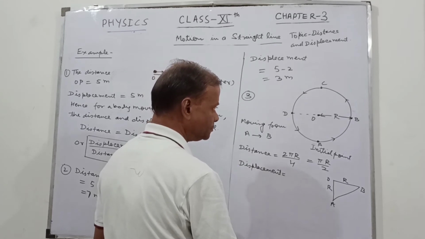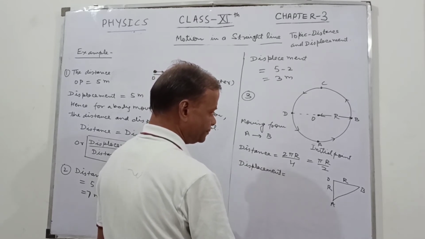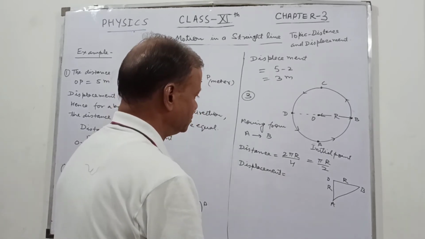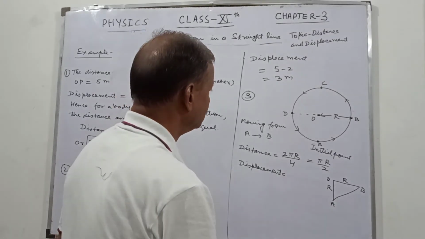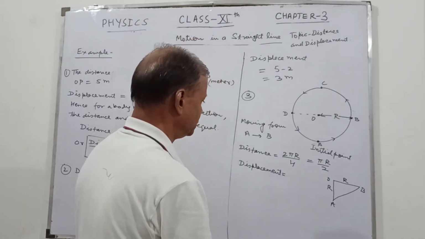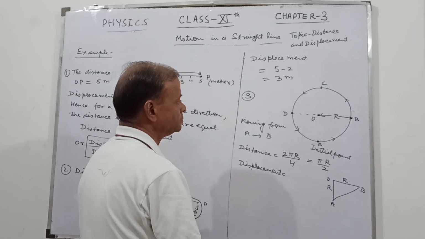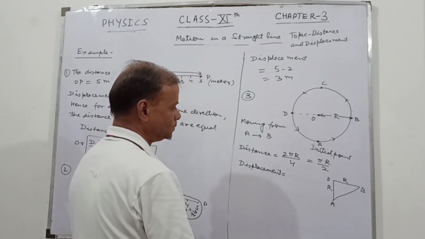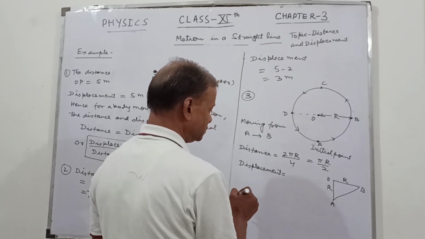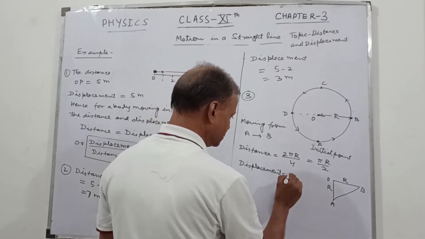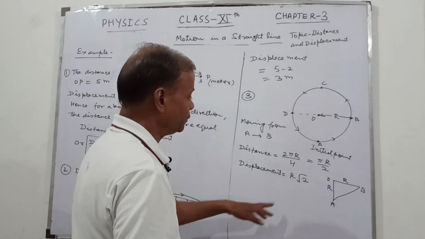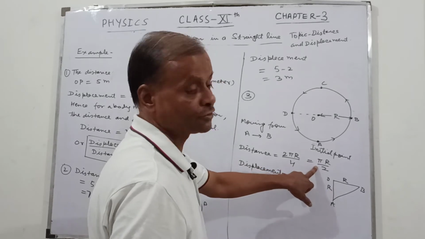So the displacement is R root 2, and you can see that this displacement is less than this one.